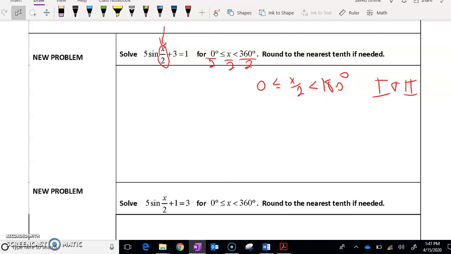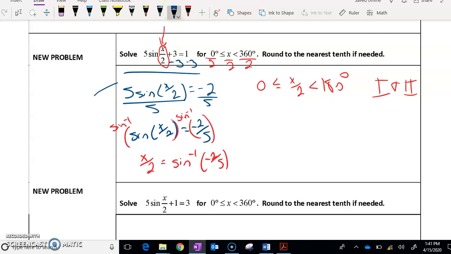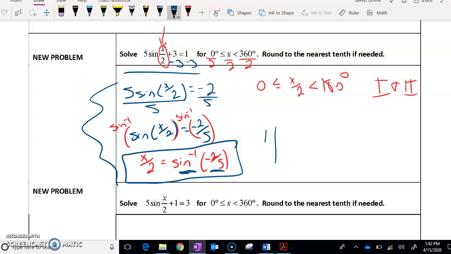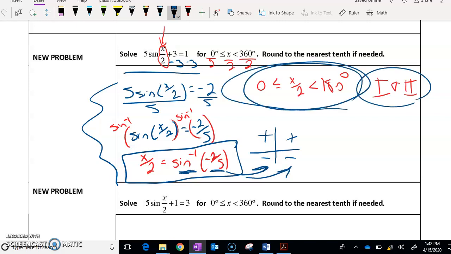Okay, so I went through my work here and I ended up with this. So here's the problem. I've got sine inverse of a negative value. So remember, sine is positive in quadrants 1 and 2 and negative in quadrants 3 and 4. So we are talking about quadrants 3 and 4, but I'm restricted up here to quadrants 1 and 2.